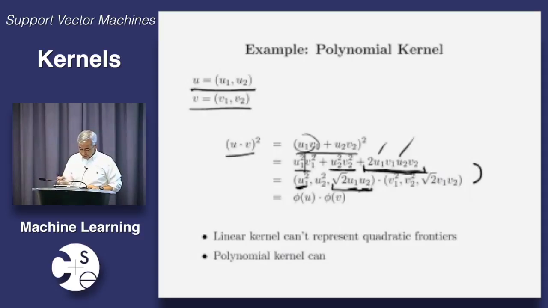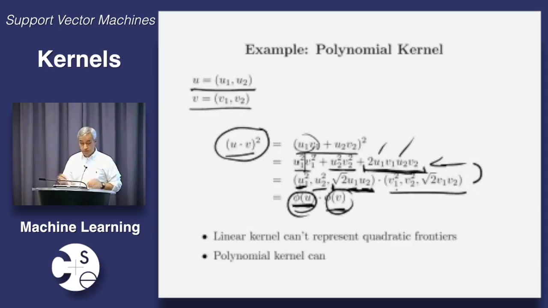So basically what I've shown here is that I can express this as a dot product of the following vectors: u1 squared, u2 squared, square root of 2 u1 u2, and the same thing for v. And you can certify yourself by doing the dot product of these two things: this times this gives that, and so on and so forth. So if I call this phi of u, and the same thing for v, I've just shown that the dot product of u and v, squared, is really just a dot product of two different feature vectors for u and v.